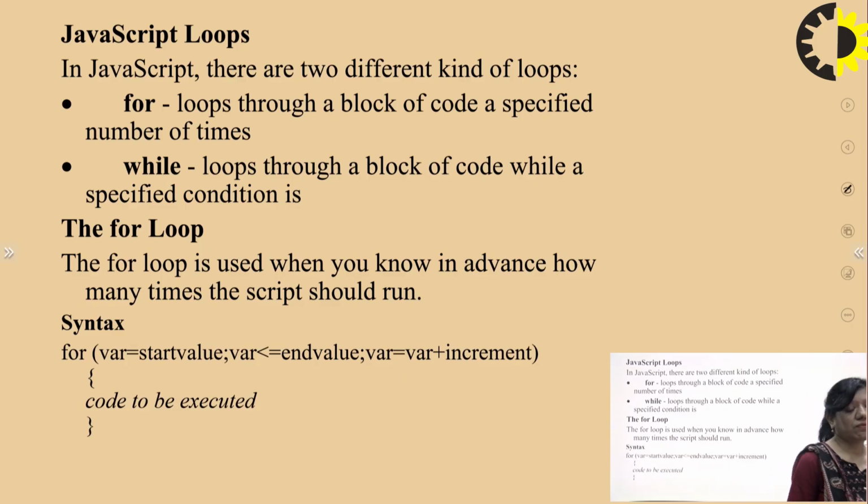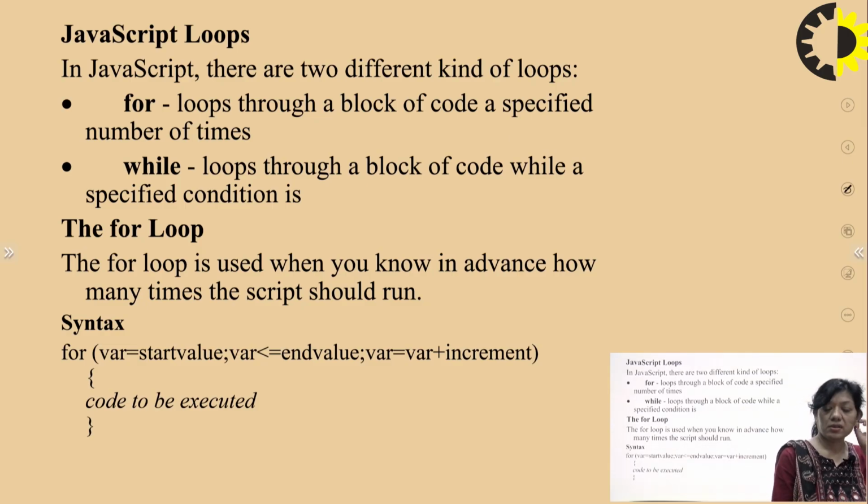The syntax of for loop is: for is a keyword, next any variable, suppose the start value, and the variable, or any kind of expression, is less than or equal to our end value. End value means how many times we want to run the loop, then increment or decrement, and within the braces we write the code which we are going to execute.